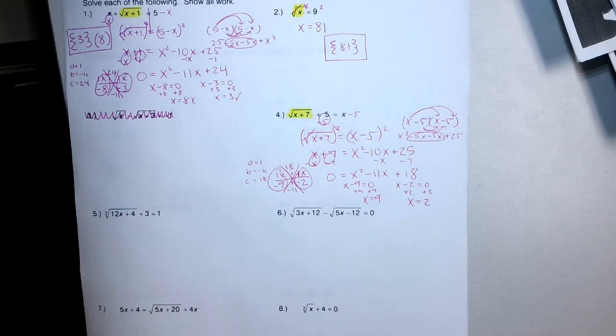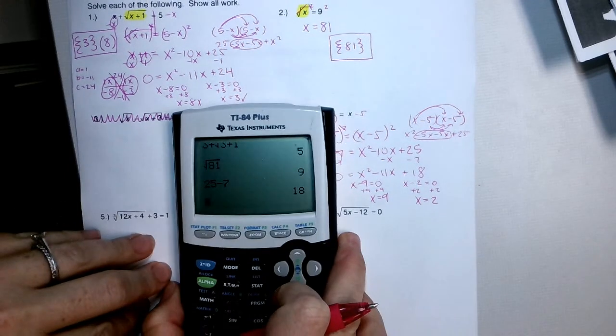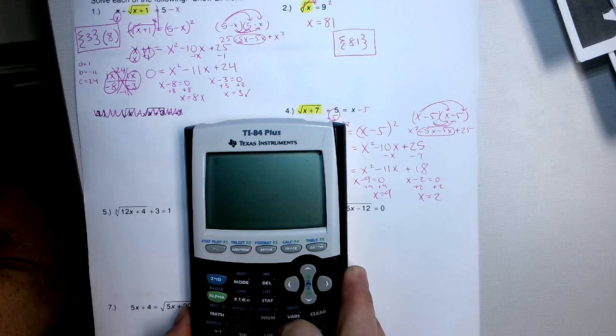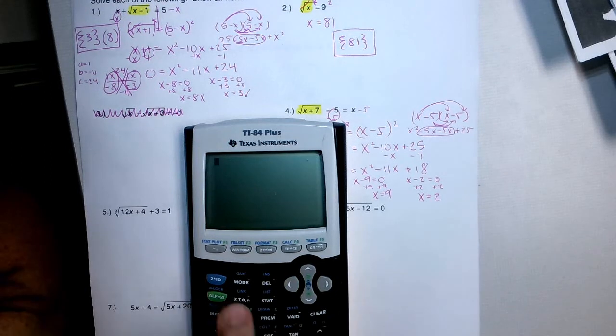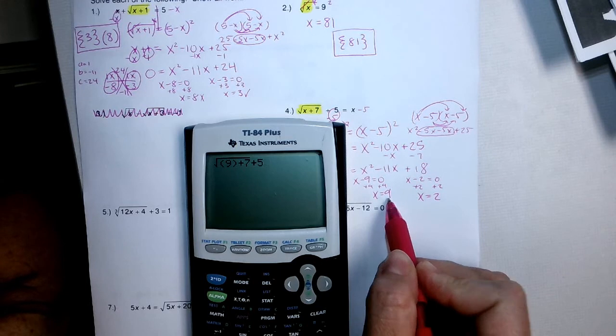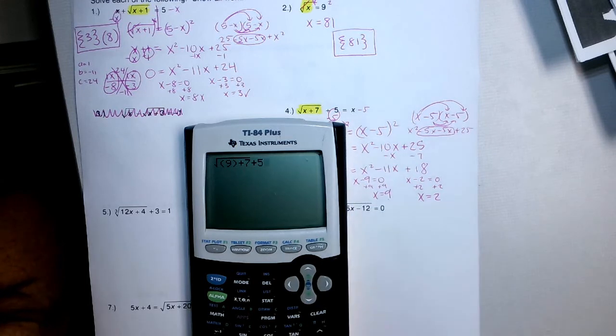And now we need to check them. So my original equation has an x on both sides. So the square root of 9 plus 7, outside has a plus 5, and this should equal x. What's my x that I just plugged in? 9. Does it equal 9?